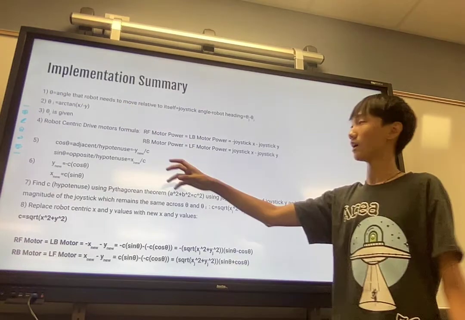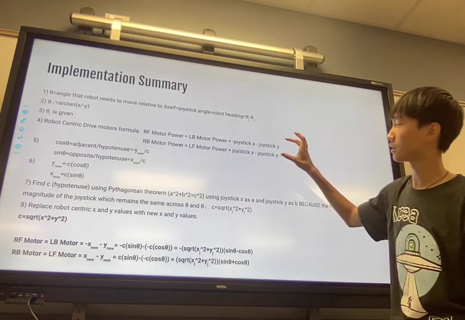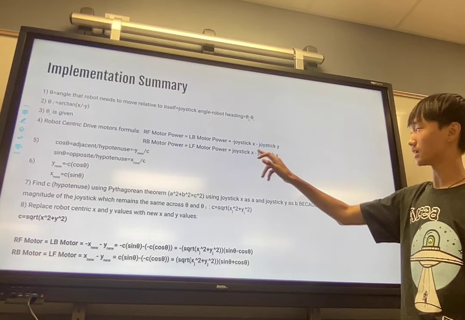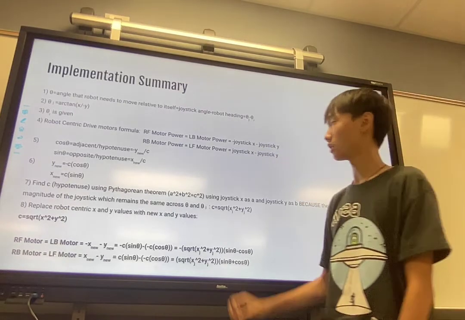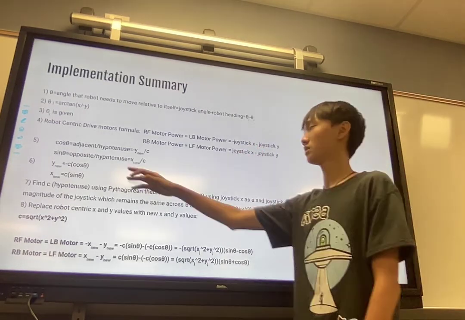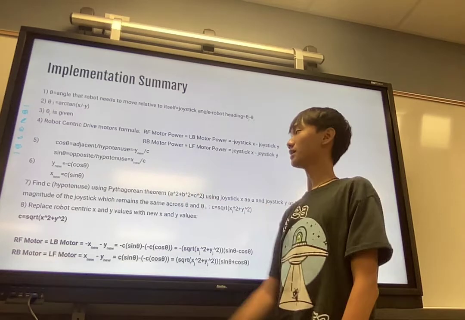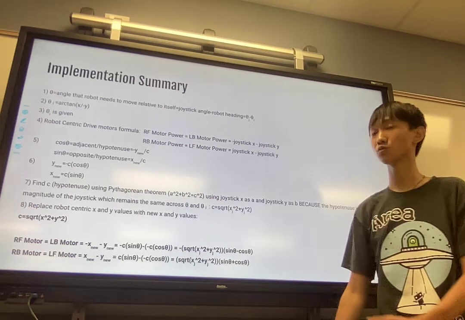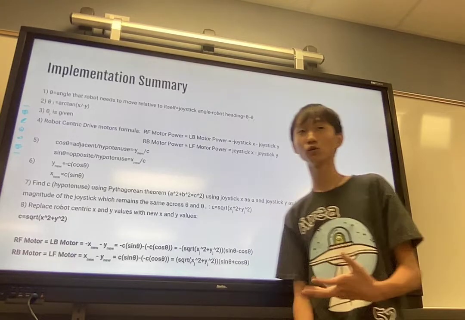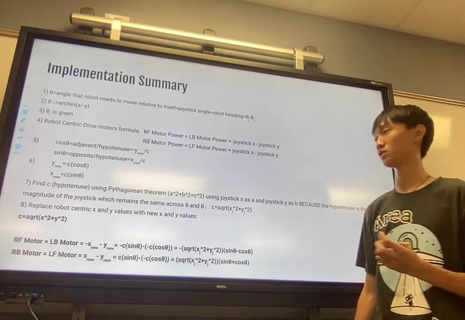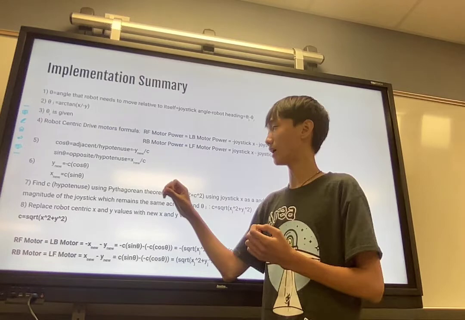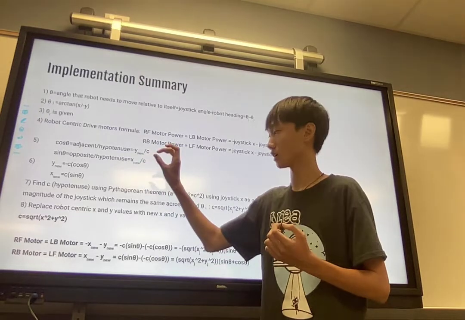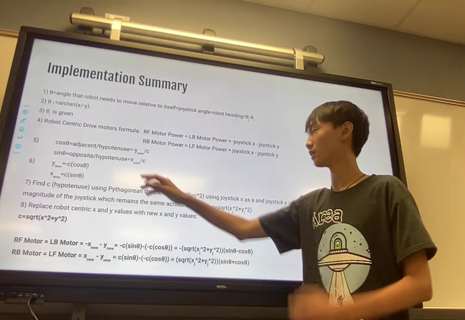And then we take the robot-centric drive formulas, and we replace this x and y with the new x and y. So we first need to find the new x and y. We use cosine and sine to find that. And then we also need to find c, because we don't know what c is. But c is the same for both the joystick and the new angle that we found, because it's magnitude. So we get c, and then we solve for x and y here.